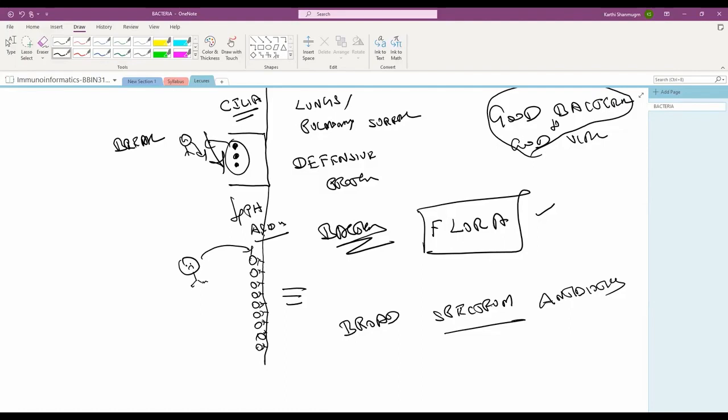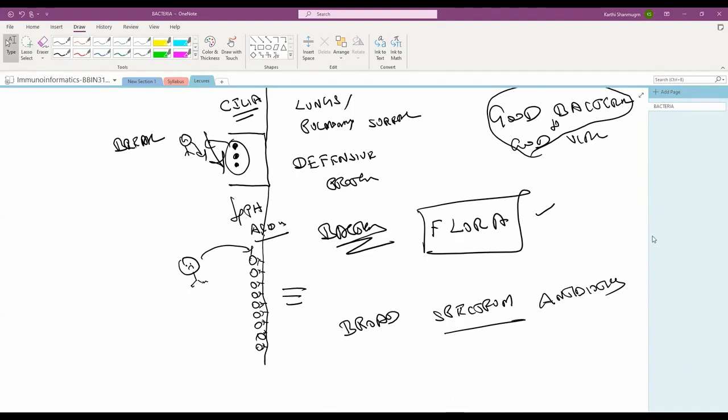What is meant by broad spectrum antibiotic? They target a large number of bacteria.